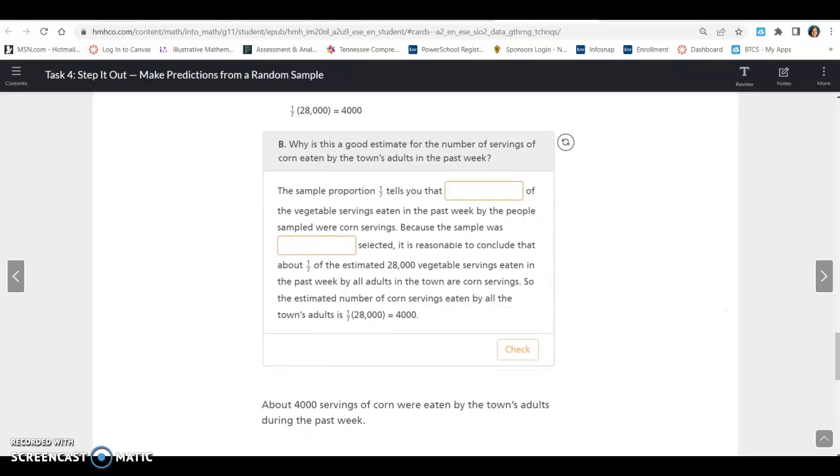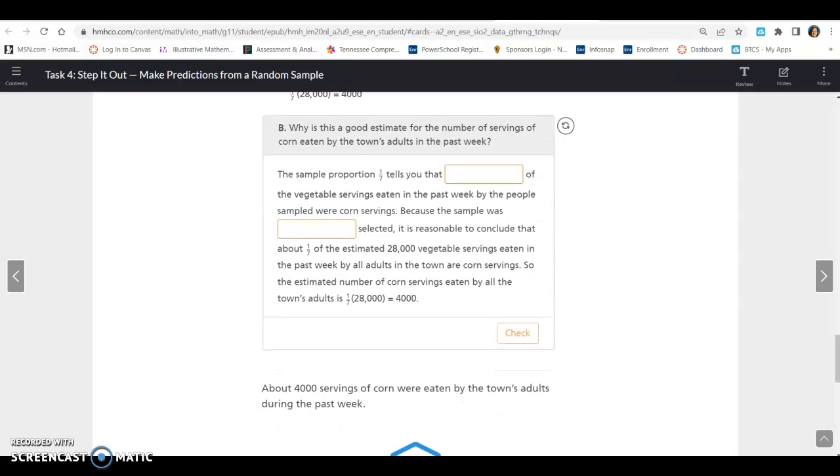All right, why is this a good estimate for the number of servings of corn eaten by the town's adults in the past week? The sample proportion 1/7 tells you that 1/7 of the vegetable servings eaten in the past week by the people sampled were corn.